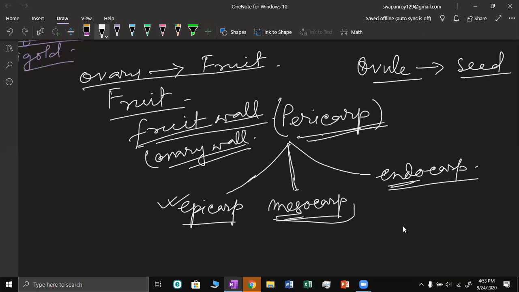You can easily identify these in, say, coconut. In coconut, the epicarp is very thin.